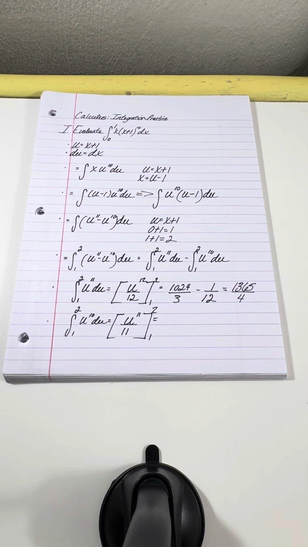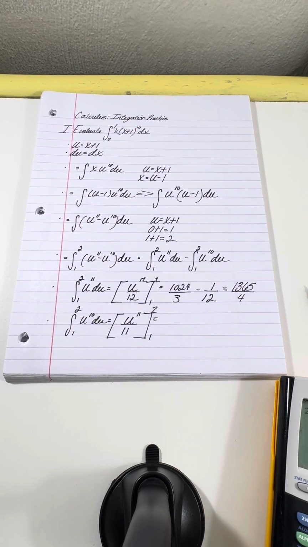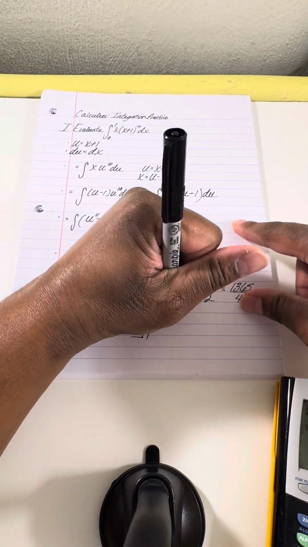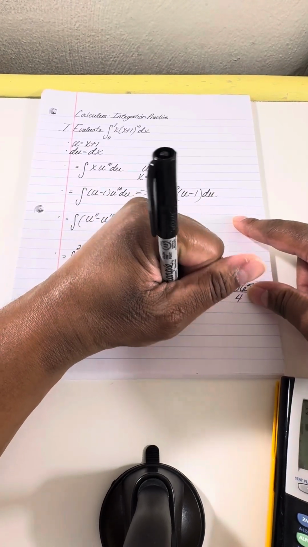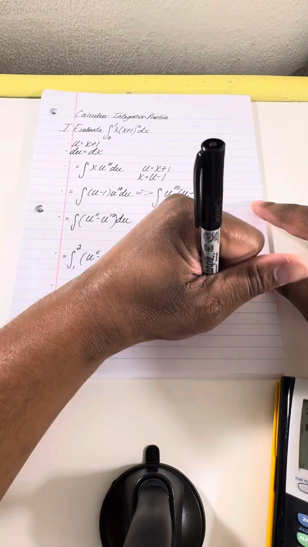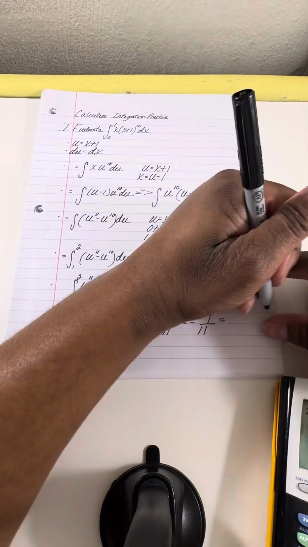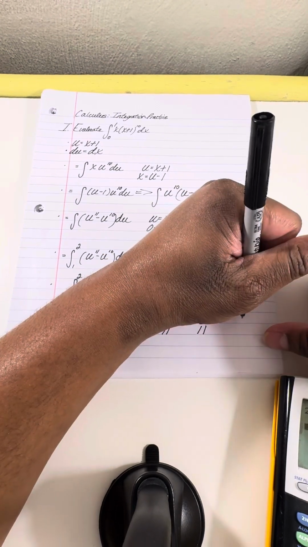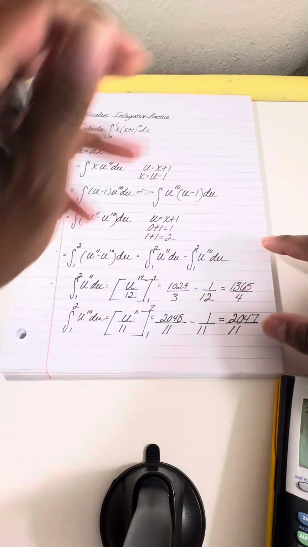Now 11 is a prime number, so I know it's not going to really simplify down any. So this is going to be 2048 divided by 11 minus 1/11. Again, 11 is a prime number, and we do have common denominators, so we can easily just subtract the numerators. In this case, this would be 2047 all over 11.